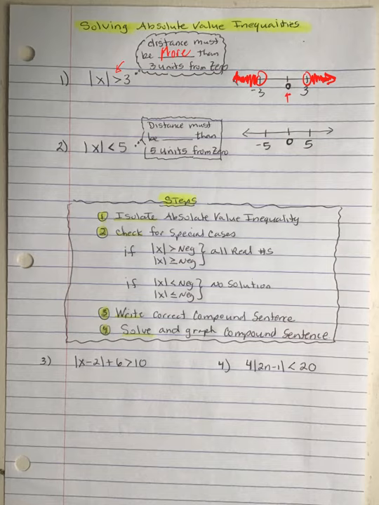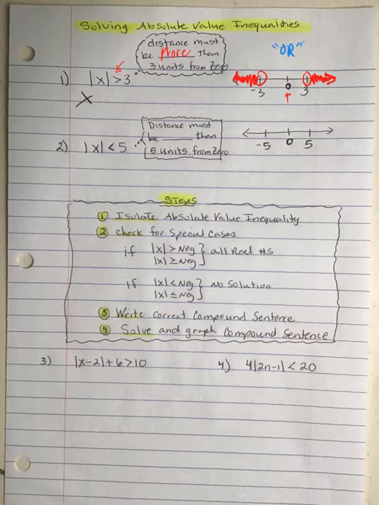And then you might be looking at it and say, wait a minute, doesn't that look like a compound OR type graph? It is a compound OR type graph. We just got done doing those. So how do we write what we see? So let's write the compound sentence that matches that.